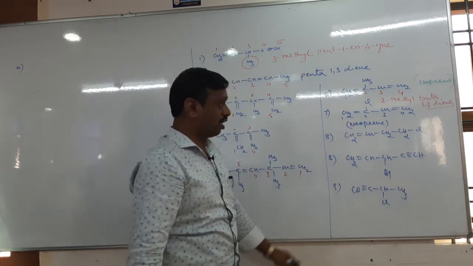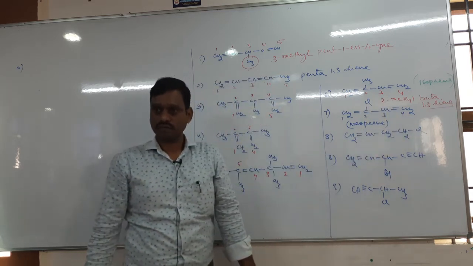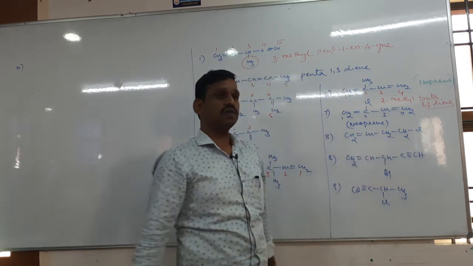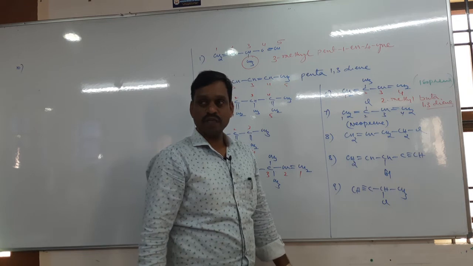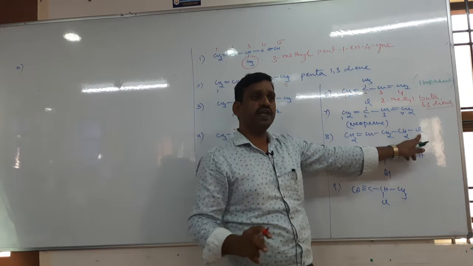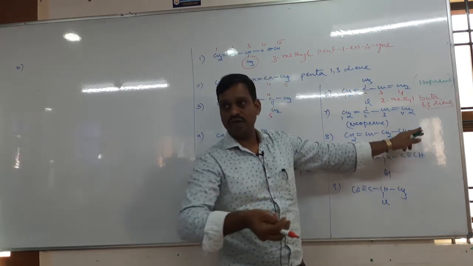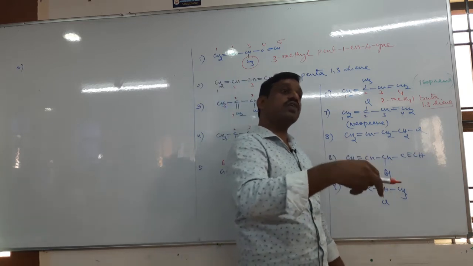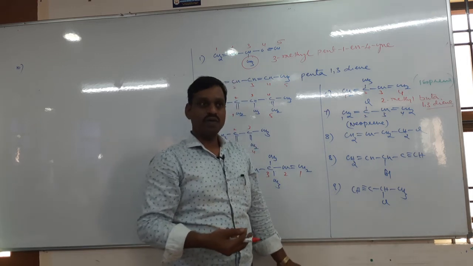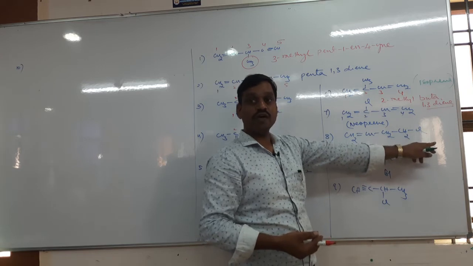Next, tell me now here. One side has a double bond, and that is a substituent. Numbering should be given from the side of the substituent or double bond. Have you seen that chlorine is given priority? No. But the double bond and triple bond come under functional groups. Therefore chloro is just a substituent, not a functional group.